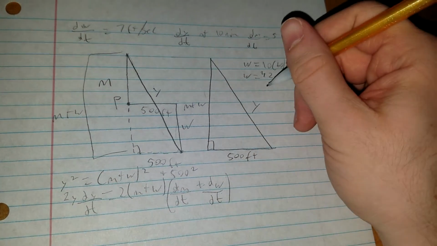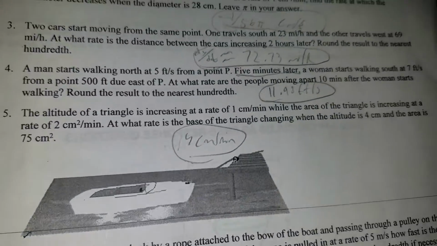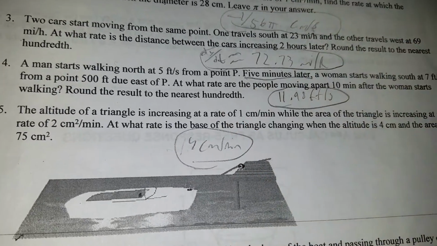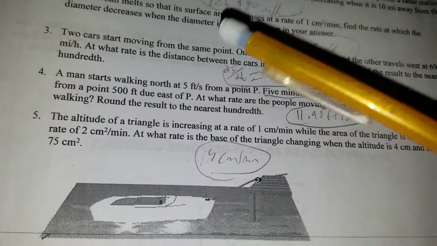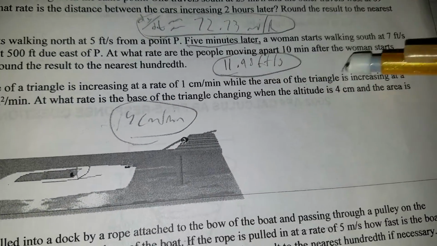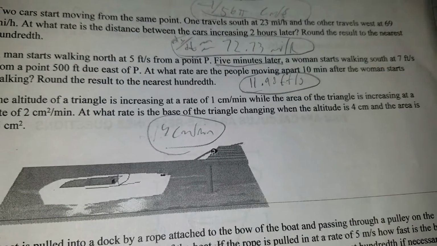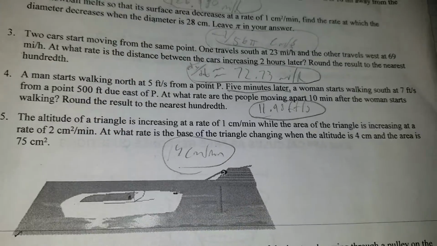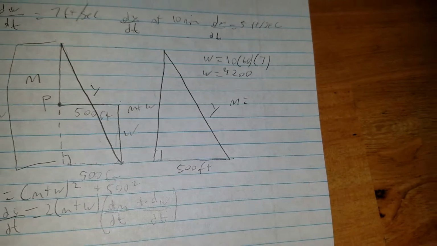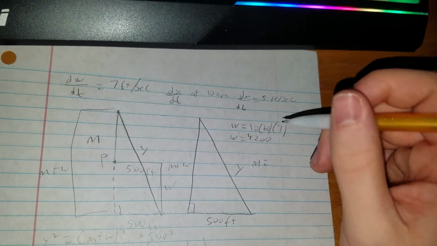4,200, all right. And the man, well, let's look again, just to make sure. The man has been walking for 5 minutes longer than the woman, because it says a man starts walking north at 5 feet per second from a point P, and 5 minutes later a woman starts walking south. We're finding this 10 minutes after the woman starts walking, so the man has been walking for 15 minutes.